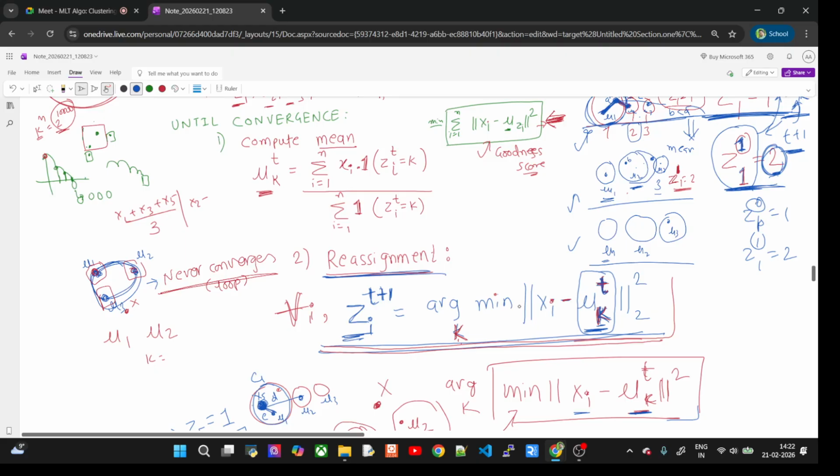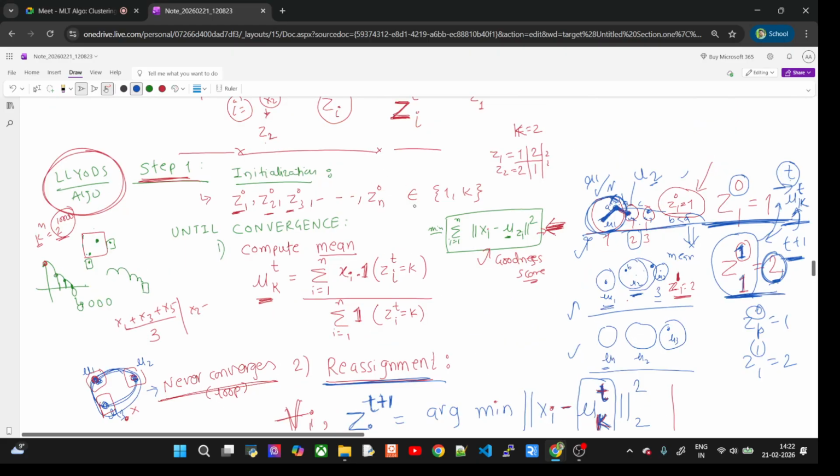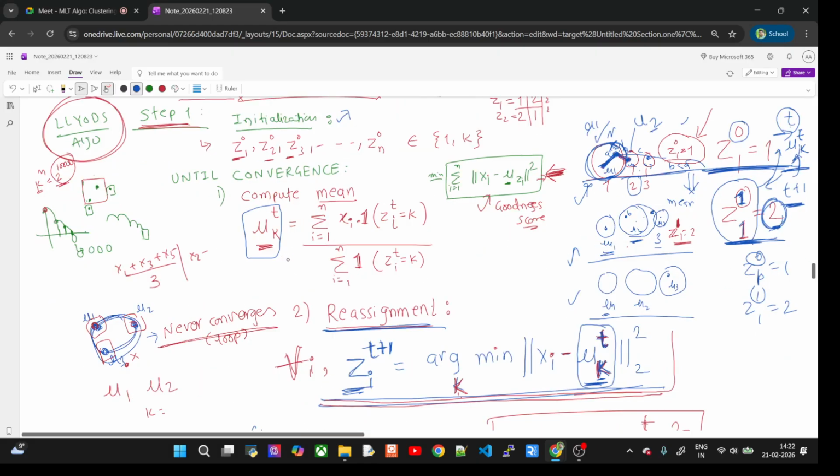It looks like a very easy algorithm. First, just give some initialization. You initialize your cluster indicator with some value, and once initialized, you need to calculate the mean, mu k. Once you get the mean, you subtract it from the points, xi minus that mean, which means you are figuring out the distance of your point from that mean.